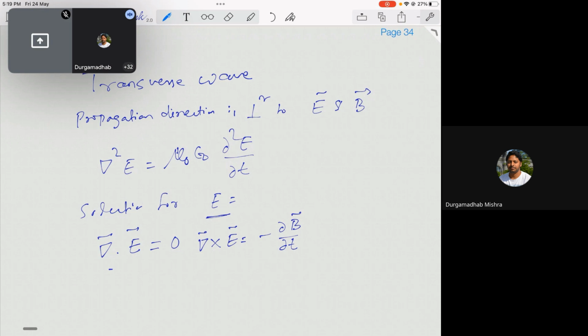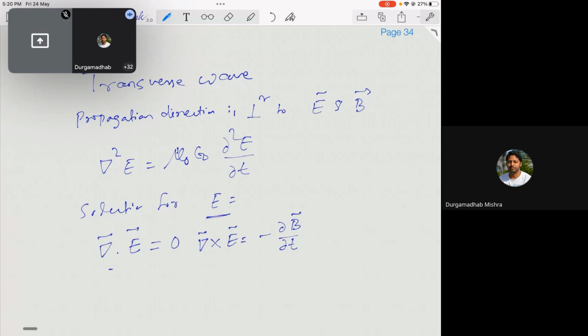Maxwell's equation basically puts a constraint, or tells you which solution of this wave equation will represent an electromagnetic wave. So you have to be careful when solving this wave equation: any solution may satisfy this wave equation but may not represent an electromagnetic field. In order to say that they are an electromagnetic field, they have to satisfy Maxwell's equation. This is important.